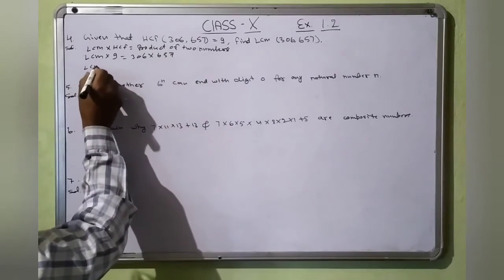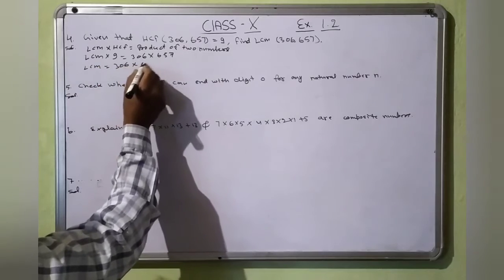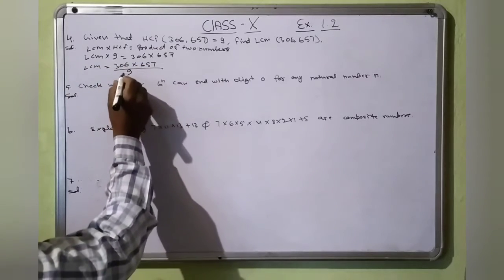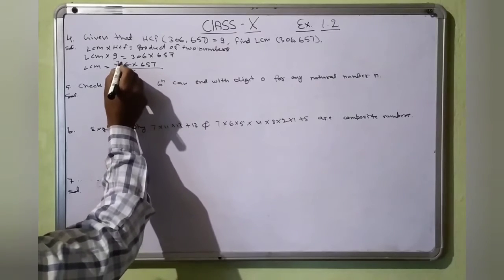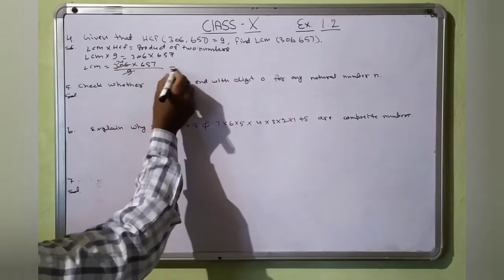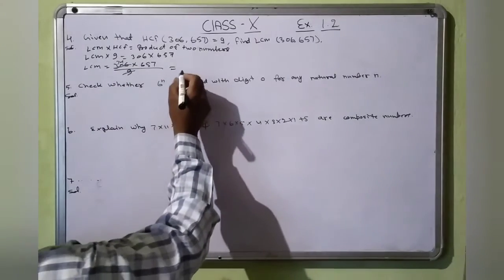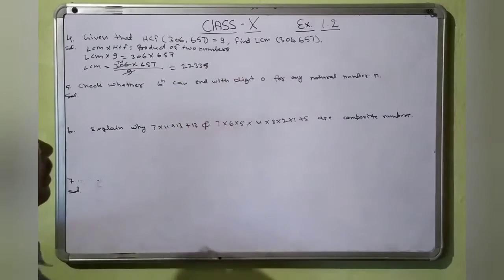So LCM is equal to 306 multiplied by 657 upon 9. Cancelling 306 by 9 gives 34, and then 34 multiplied by 657 becomes 22338. Write it.